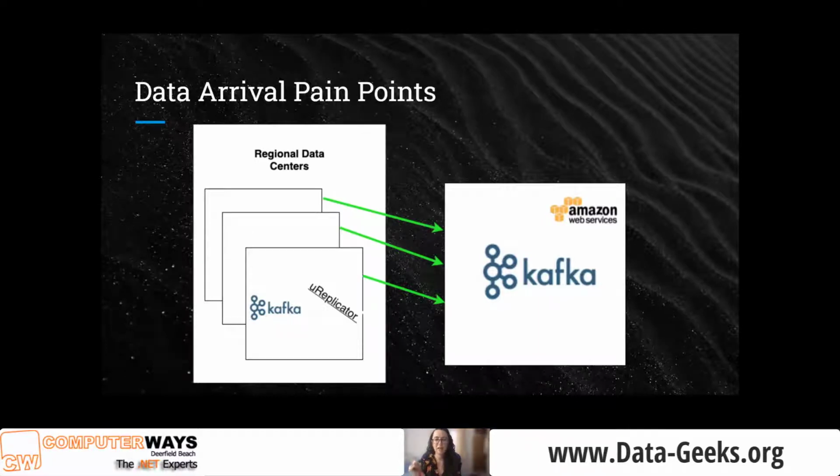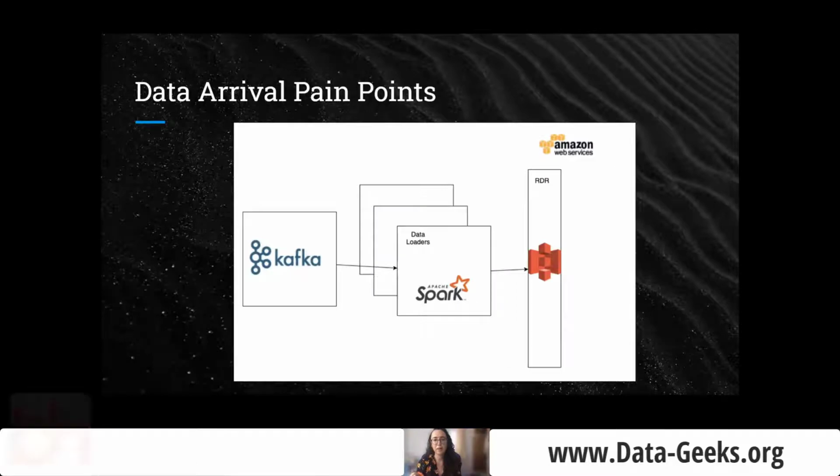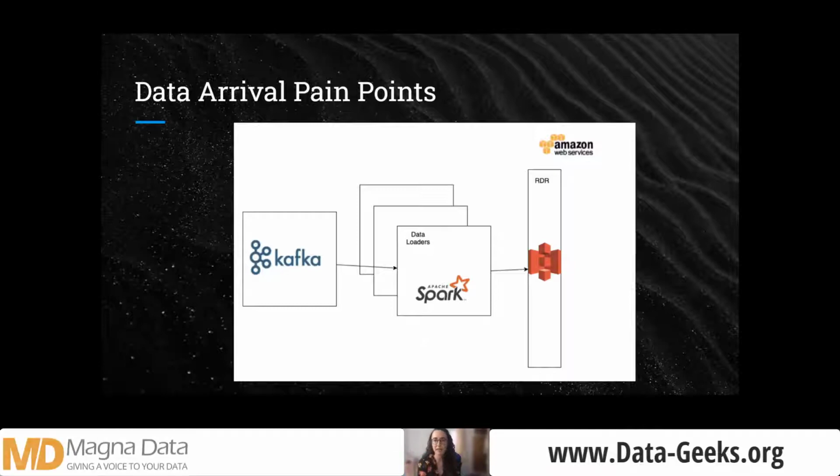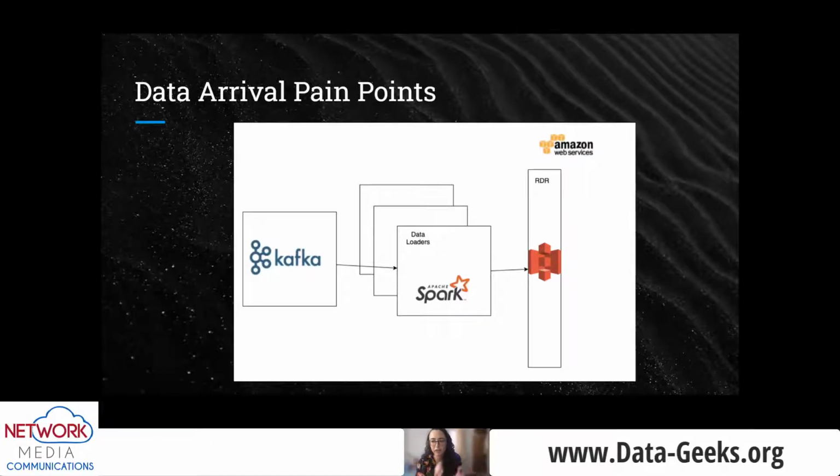Next slide. Another data arrival pain point would be what happens after the Kafka AWS. So what happens after is, as I've already said, we had some pretty big data loaders, right? Spark streaming jobs. They would read all that data from Kafka and then spill it into RDR. And what can go wrong here with data arrival? Well, let's start from the one big Kafka, right?